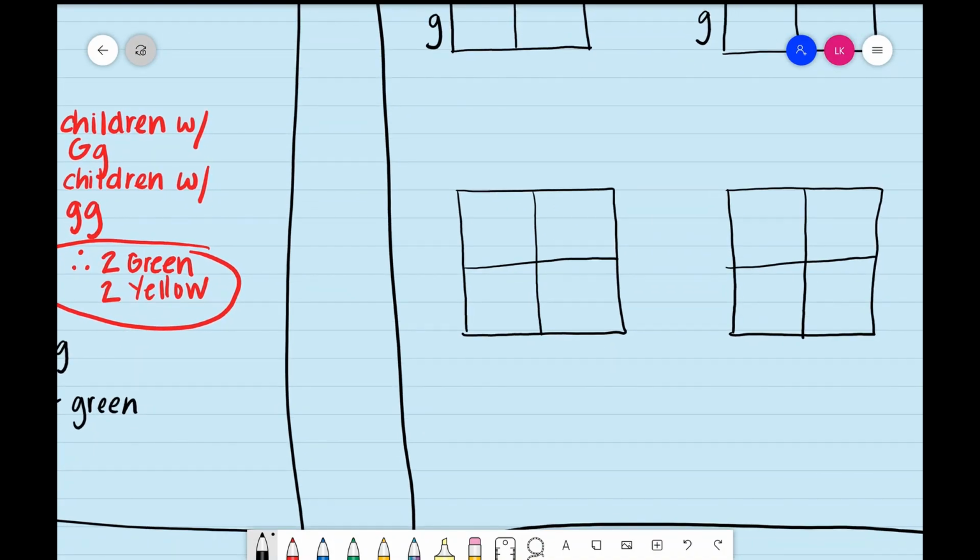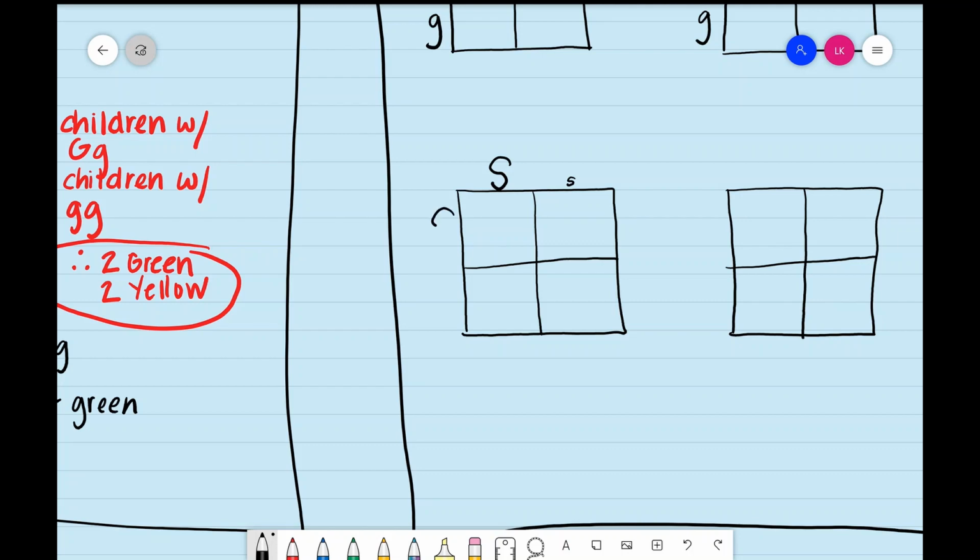Let's go down and let's talk about round versus square. So let's say square is dominant and round is recessive. So I'm going to use the letter S. So big S, little s. Make sure you make it obvious which one's big and little.